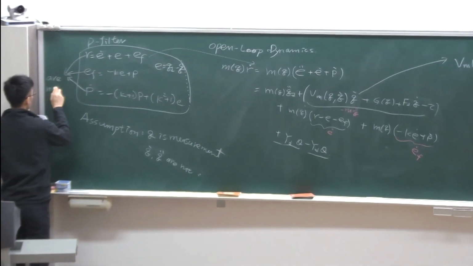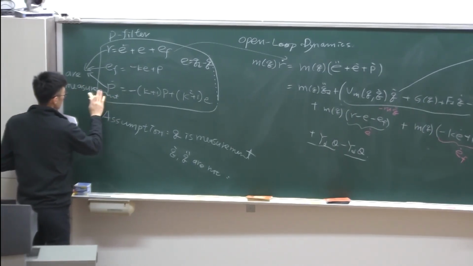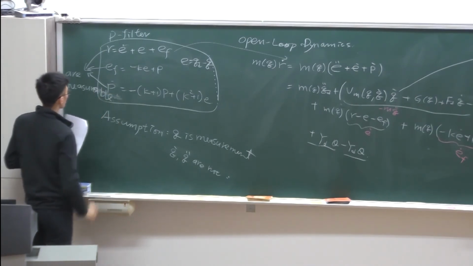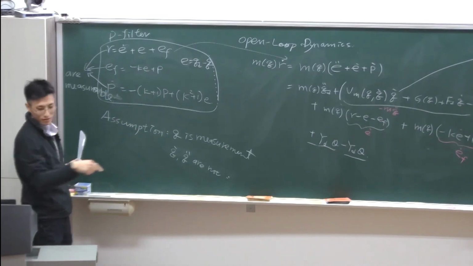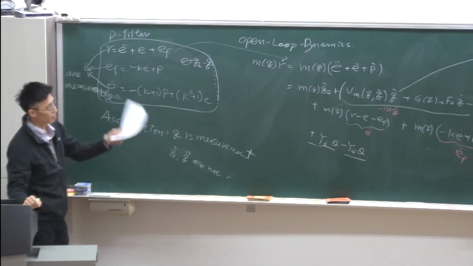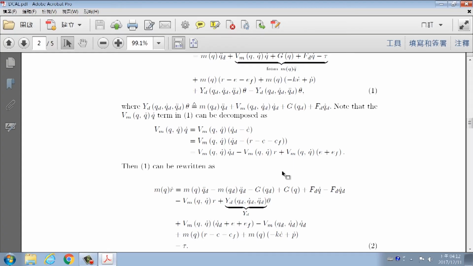It's the filter you design, so every signal in the filter is measurable. So we replace the non-measurable term by measurable terms. Then the first equation can be rewritten as this.